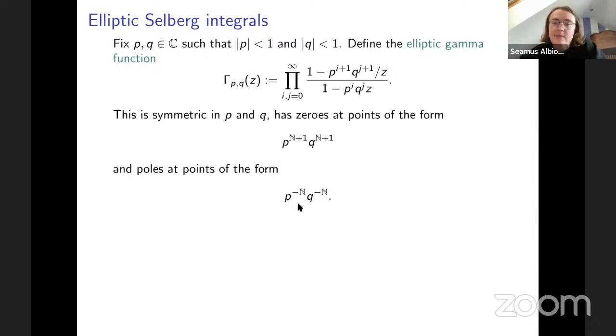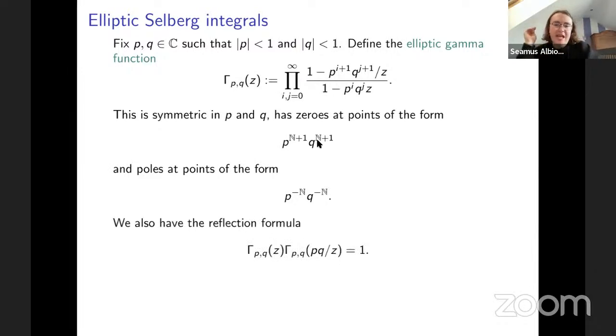It also has an essential singularity at the origin, because you can see that this 1 minus pq over z kind of thing appears in every term in the product. There are many nice formulas for this function, but one of the nicest is the reflection formula. You just take z and then pq over z, and the product of those two is going to give you 1.